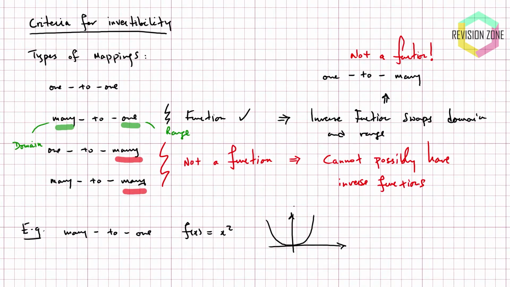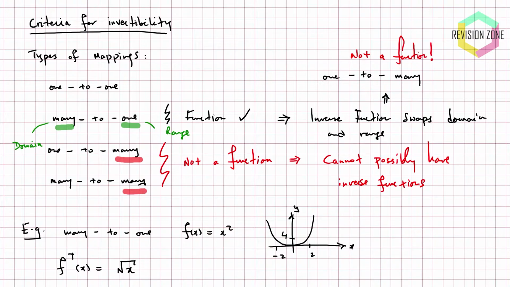And this is obviously y and this is x. And you've got, say, 2 and minus 2 both mapping onto, I don't know, 4 here, right? So when you go to work out the inverse function, you might say, well, because we're squaring, the inverse function might actually be the square root, because square root is the opposite of squaring. So the inverse function might be the square root of the input.